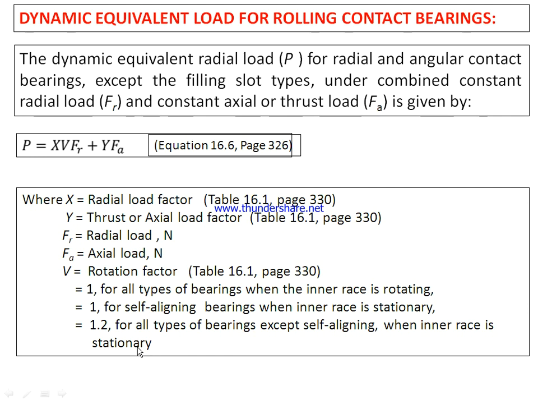So that means the outer race is rotating and the inner race is kept stationary. Either it is 1 or 1.2. So most of the time when the inner race is rotating, it is 1, and if the inner race is stationary, it is 1.2.